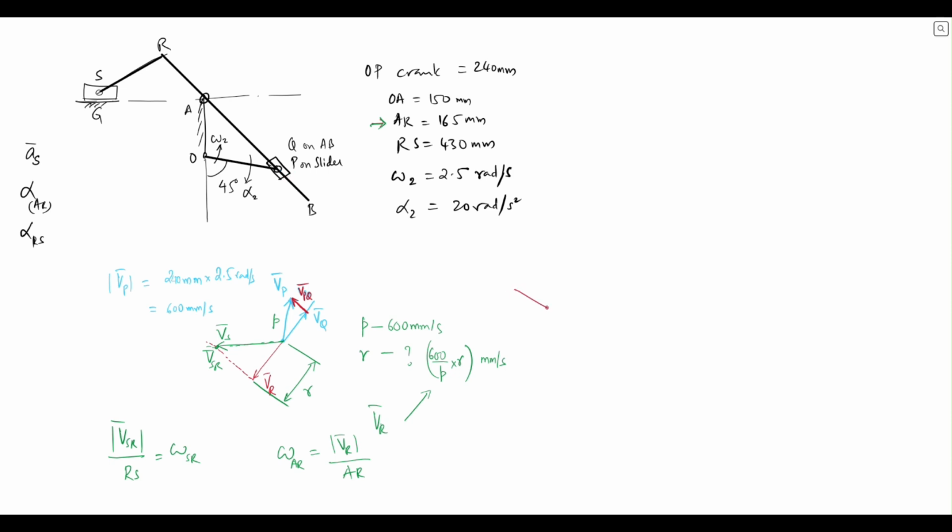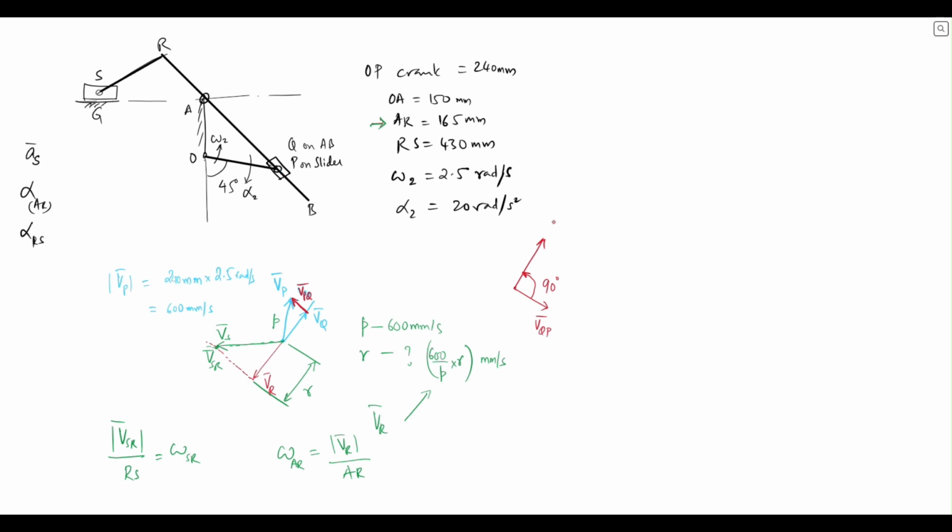So we have VQ with respect to P going in a certain direction as the link OP rotates, and for the Coriolis acceleration, we will turn this vector by 90 degrees in the direction of the omega of link AB, which we would have identified through the velocity analysis.